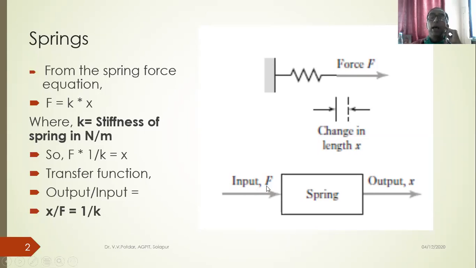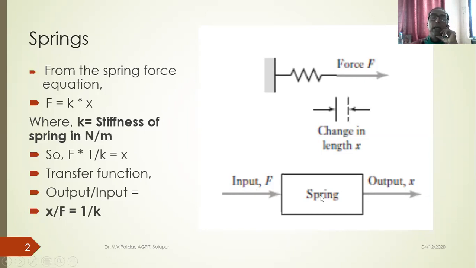Input is F. I am applying the force F. Input is F and output is X. So, on the left hand arrow of the block, I write input F, and on the right hand side, I write output X. And within the block, apart from the name of the element, spring, I should write the transfer function.